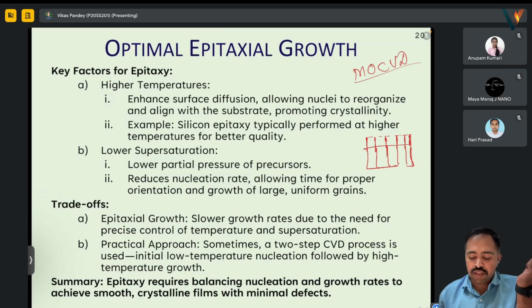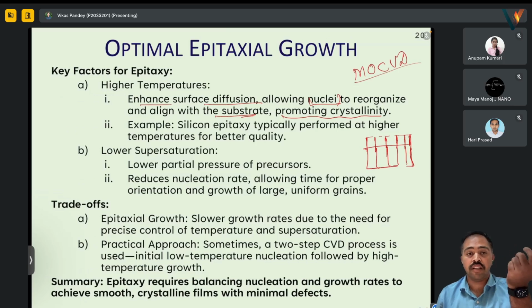What are the key factors that will determine the epitaxy? First one is high temperature. This high temperature will enhance the surface diffusion, allowing the nuclei to reorganize and align with the substrate. This is very important, that the nuclei or the reactant that we have has to reorganize and align with the substrate, and that will actually promote crystallinity.